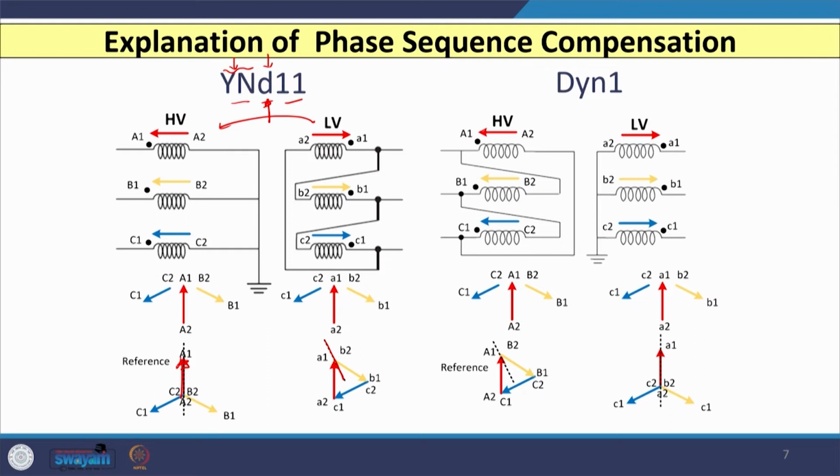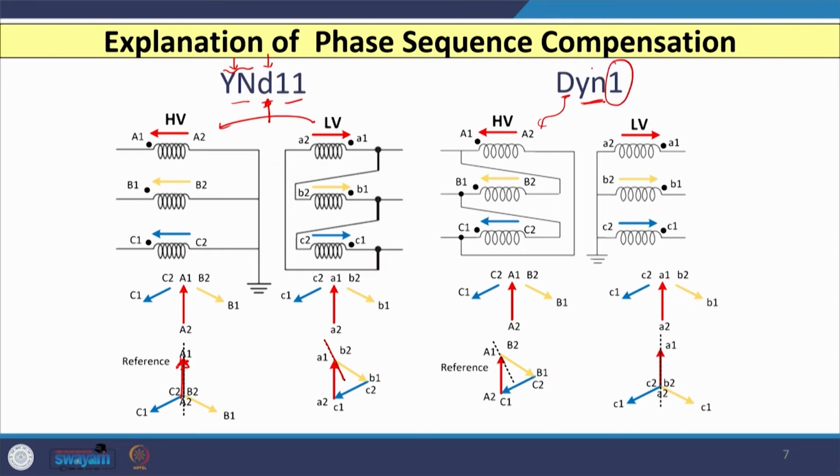Now you can see that the HV winding is delta, so that comes first with a capital letter, and your LV winding is always in small letters, after the HV winding. That is star, with the neutral of that winding grounded. Here the only difference we want to consider is the phase shift.